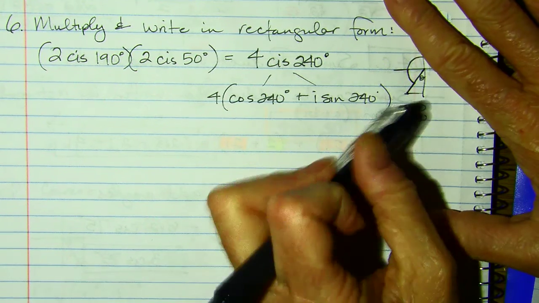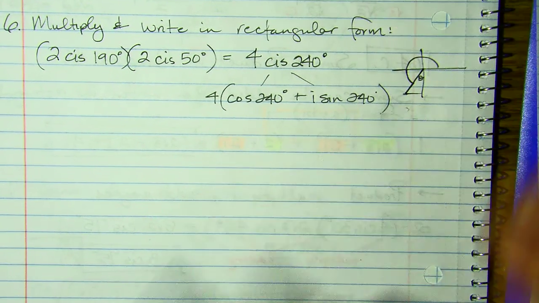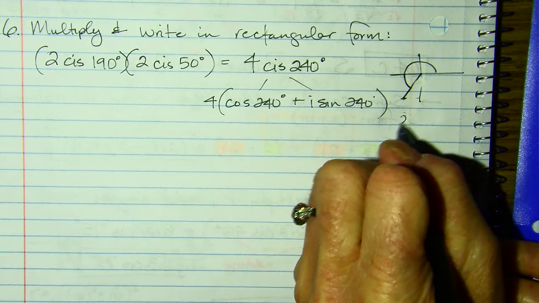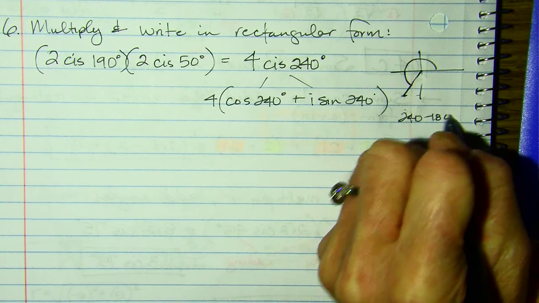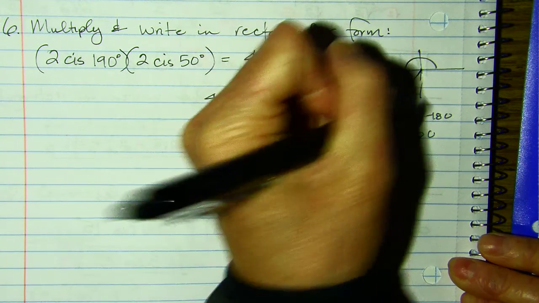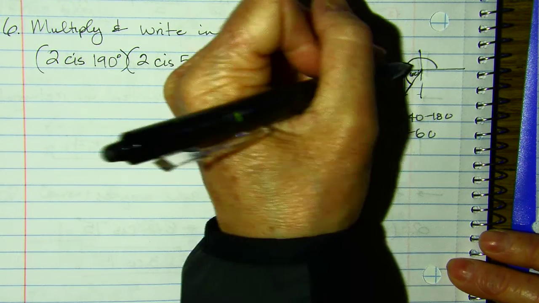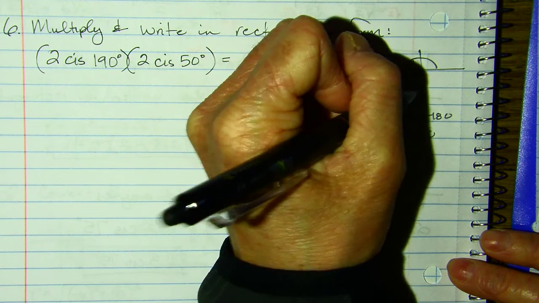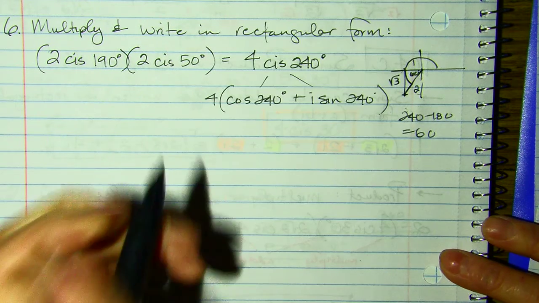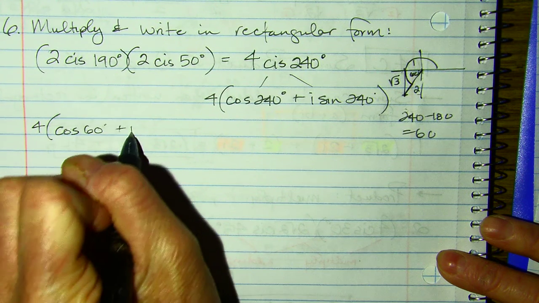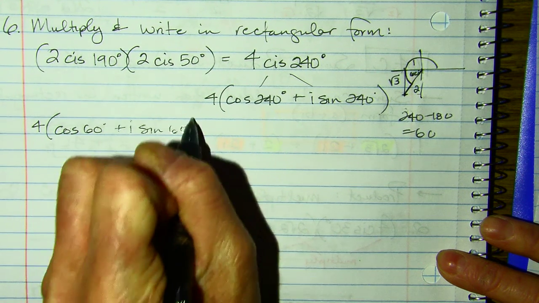Or, you know what, why would I do that? 240 minus 180 is 60 degrees. So this triangle right here, that's 60. So this is 1, 2, root 3. So I'm actually evaluating 4 times the cosine of 60 degrees plus i times the sine of 60 degrees.